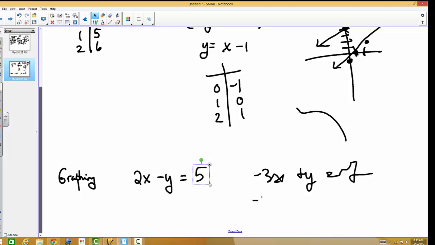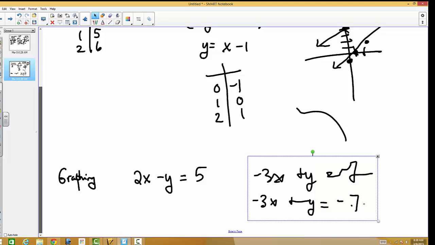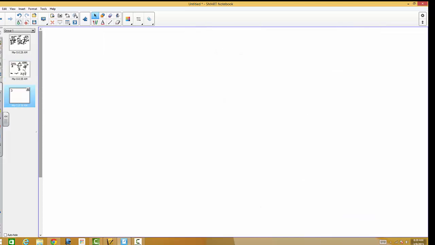Let me maybe rewrite that. That should be a negative 7. Okay. Pause this. When you're done graphing this, flip it back over for substitution.